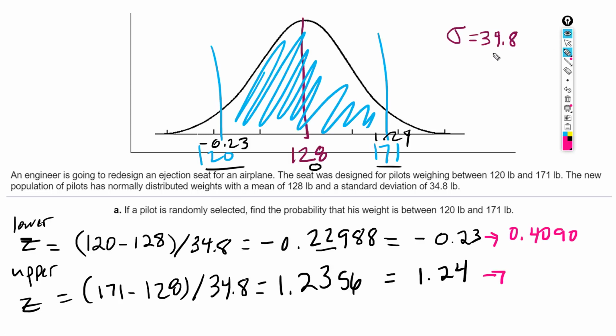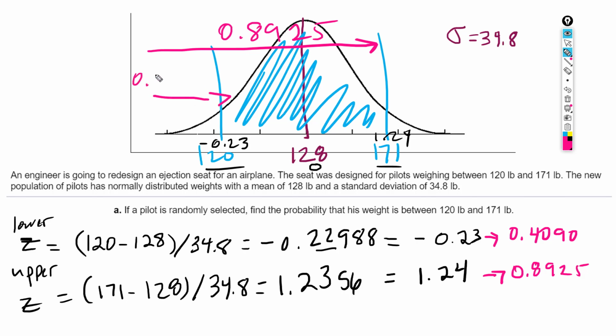So back here, 0.8925 is all of this area, and the 0.4090 is all of that area.